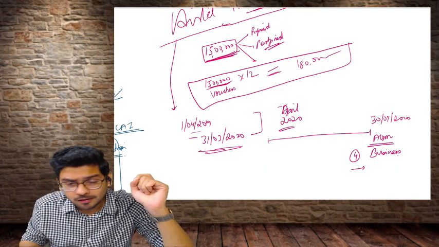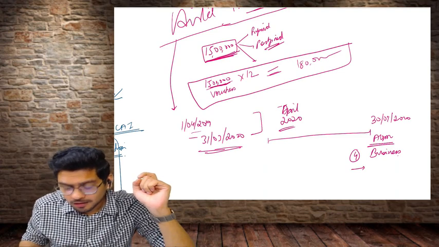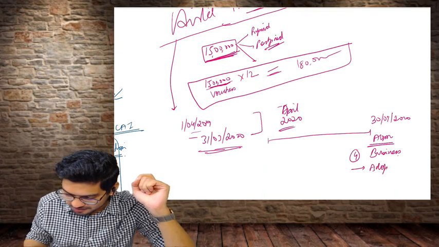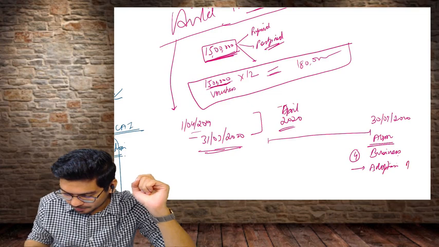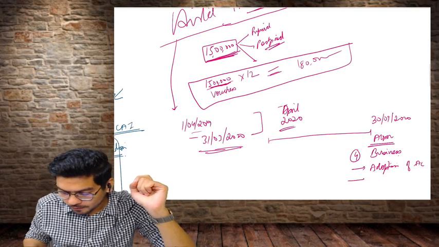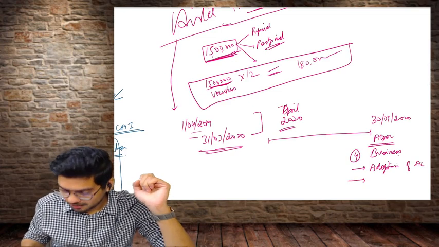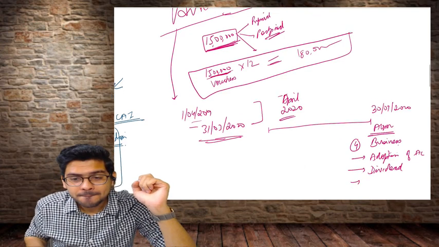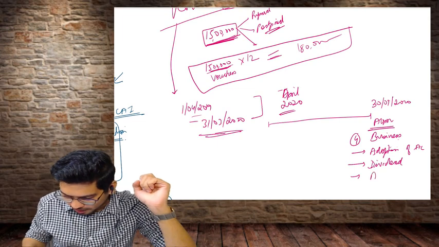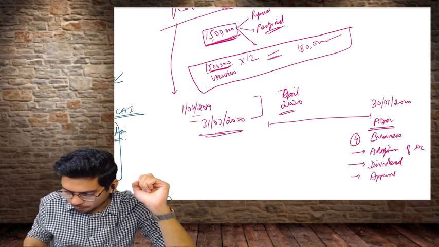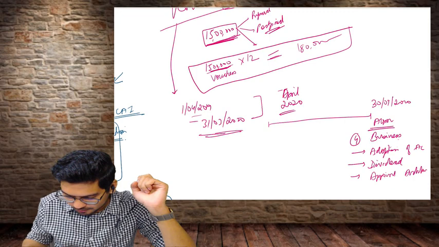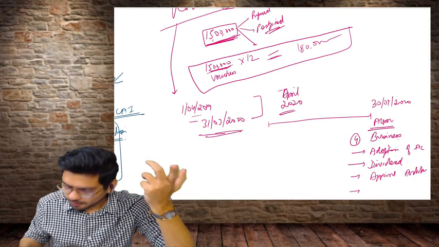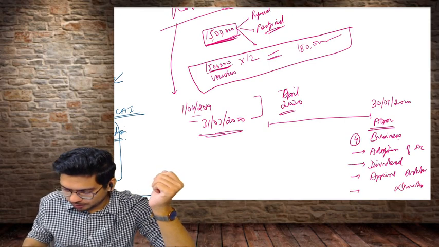What is the first business? Adoption of financial statements, adoption of accounts. Then declaration of dividend. Great. Then appointment of auditors, and one more point, of directors. Exactly, of directors.